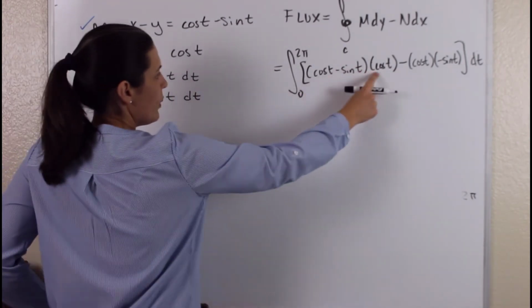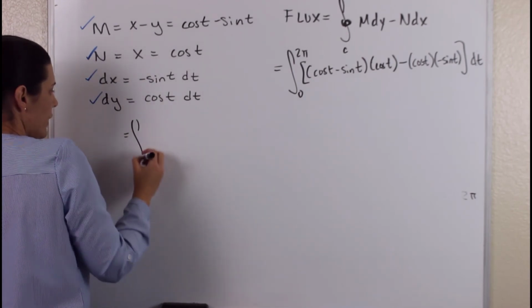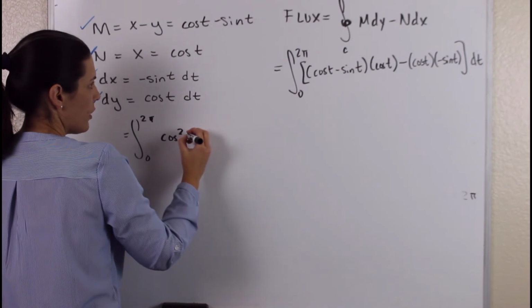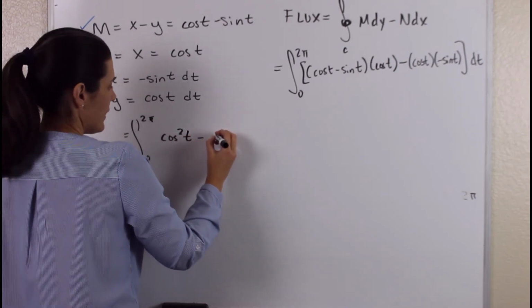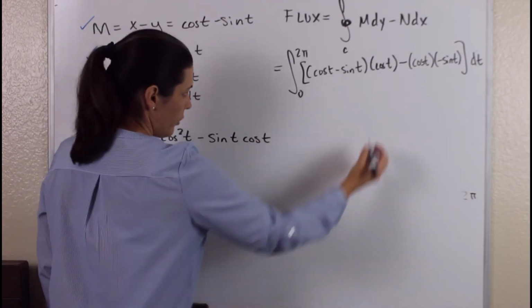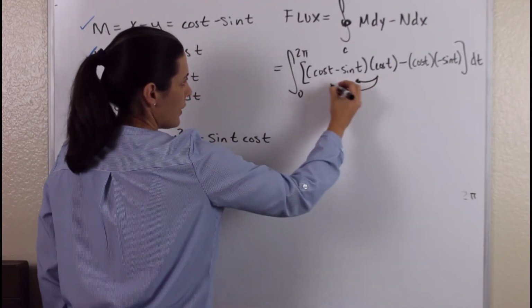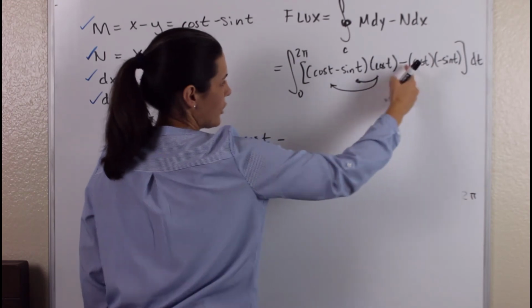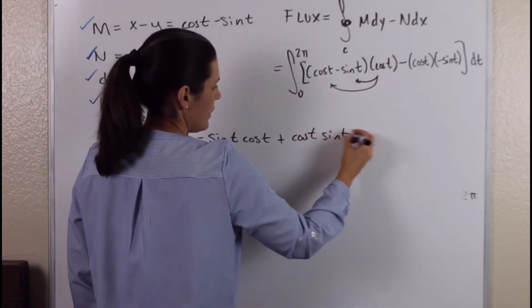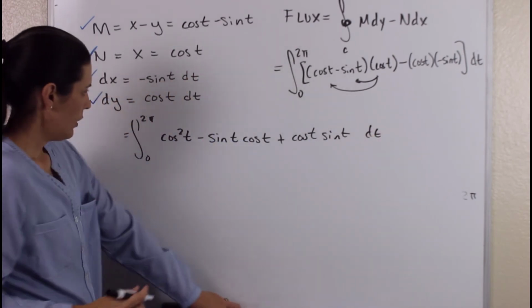Okay, so I'm going to distribute right here, and so we get the integral from 0 to 2 pi of cosine squared t minus sine t cosine t. I'm just distributing right here. And then minus, right here, this becomes actually a plus, cosine t times sine t dt. Oh, look at that.